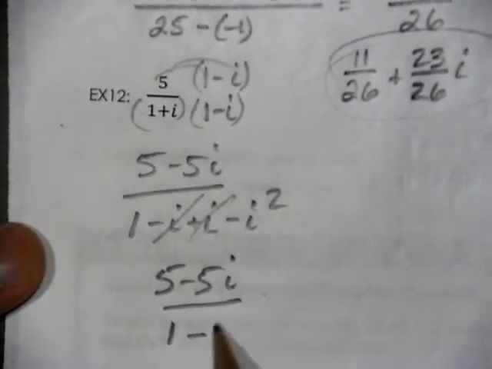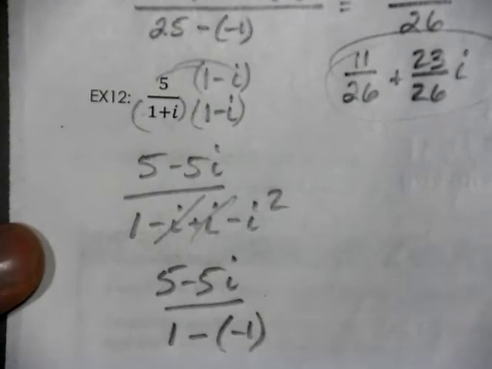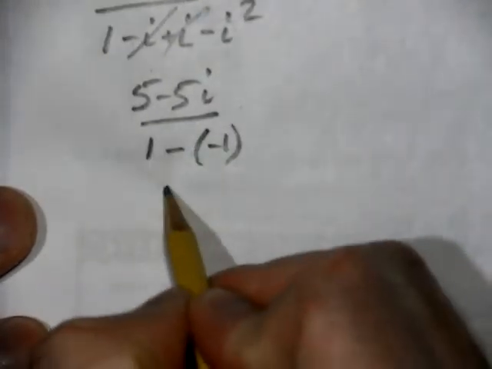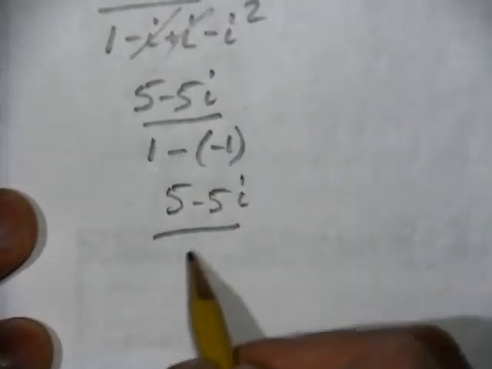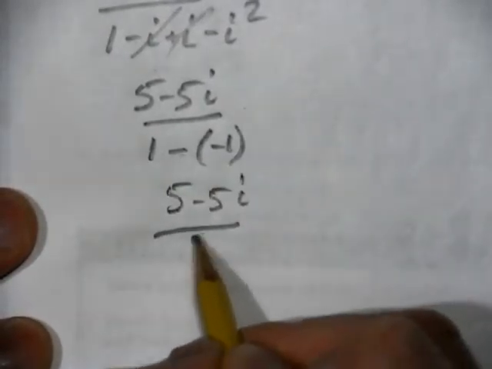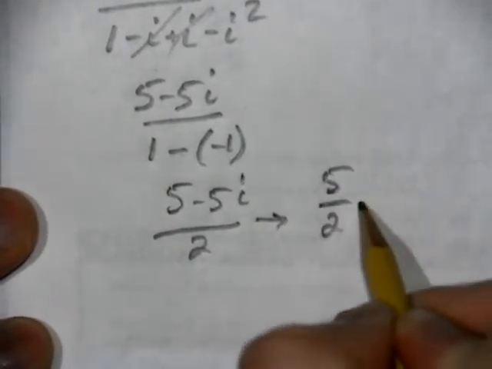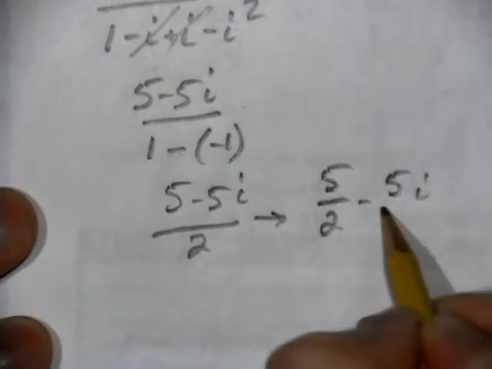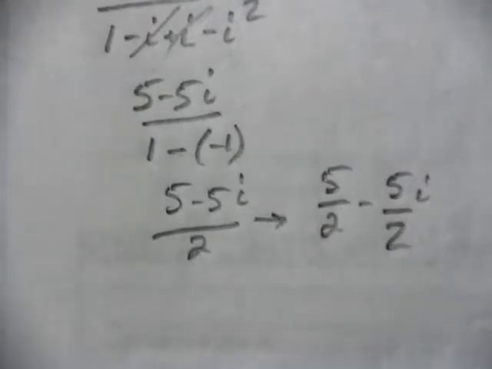Here we get 1 minus a negative 1 because i squared is a negative 1. So 1 plus 1 is 2. So we need to write that as 5 over 2 minus 5i over 2.